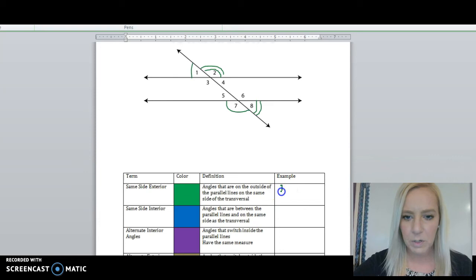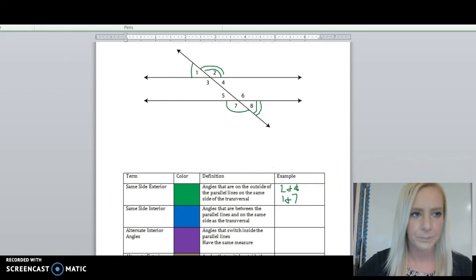So in your examples, you could write 2 and 8, 1 and 7, and they also are supplementary. I'm going to write sup here. Sup, math.